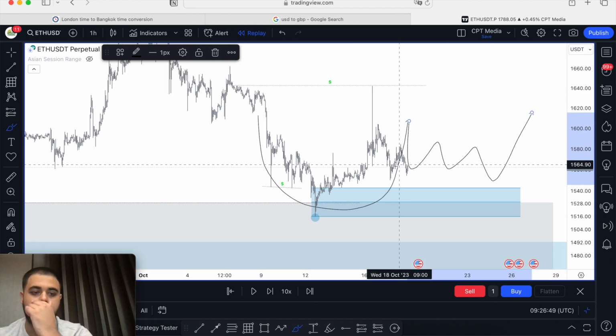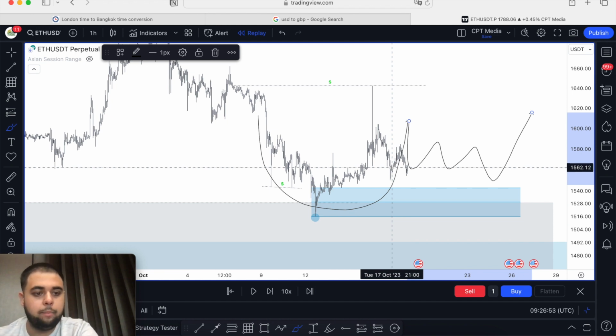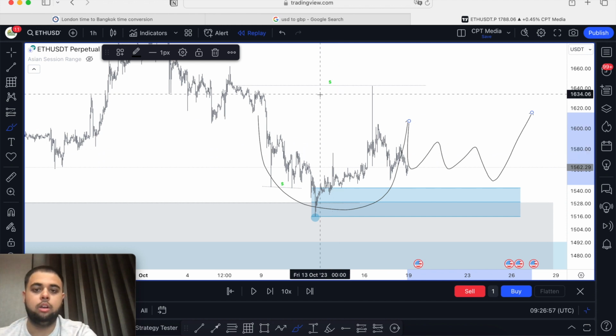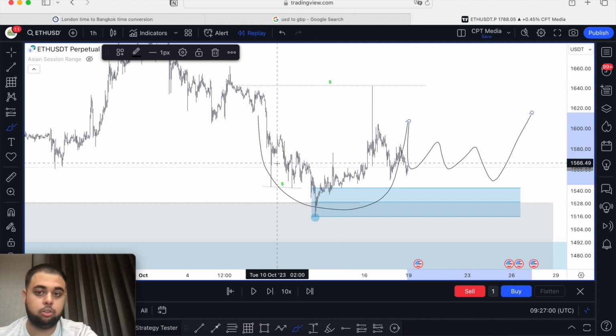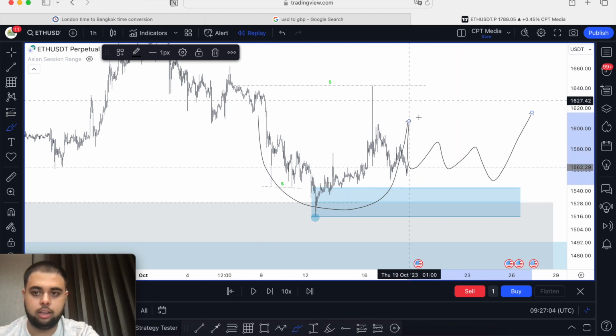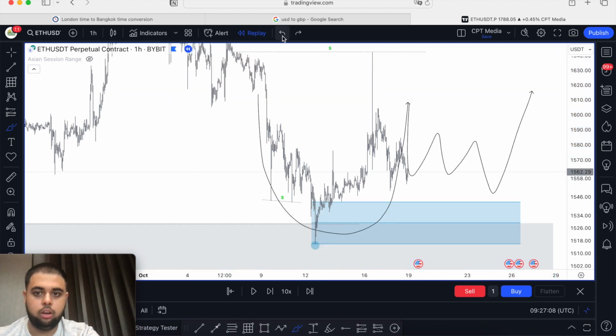For those who don't know what that is, that's not really a pattern I like to use, but you do see it play out. It's a very old pattern, but you do see it play out on crypto every now and again. Google it, but basically you have a cup and then you have a handle. You have an impulse like that, and then a correction before the second impulse continues.